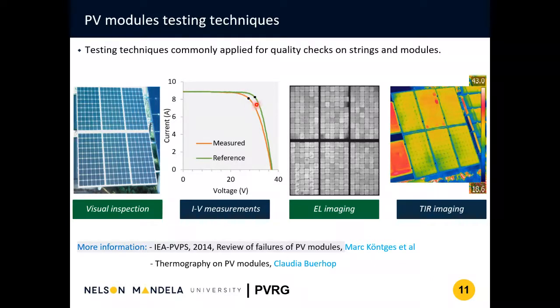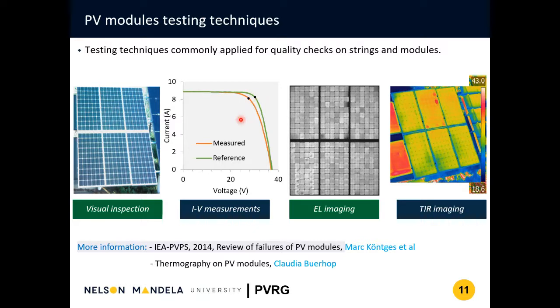So if the measured and the expected IV parameters do not match, then it means the module under test has some problems. As can be seen here, we see the deviation in MPP, which shows that the module under test is underperforming.